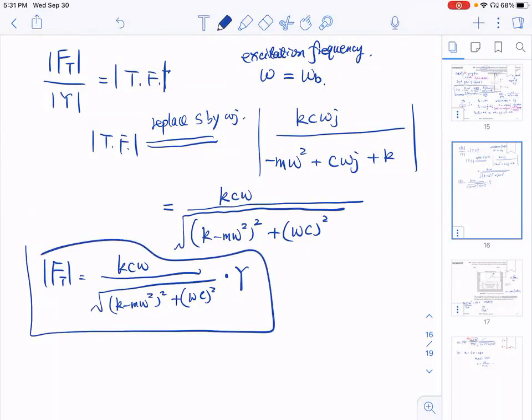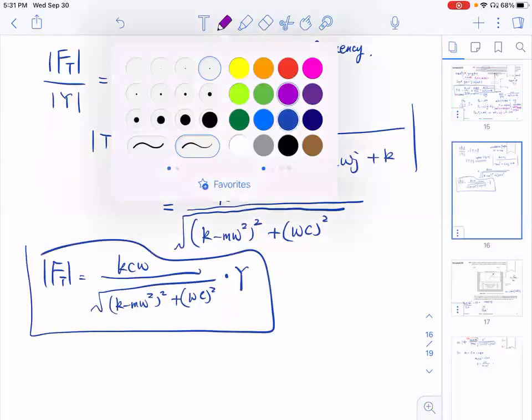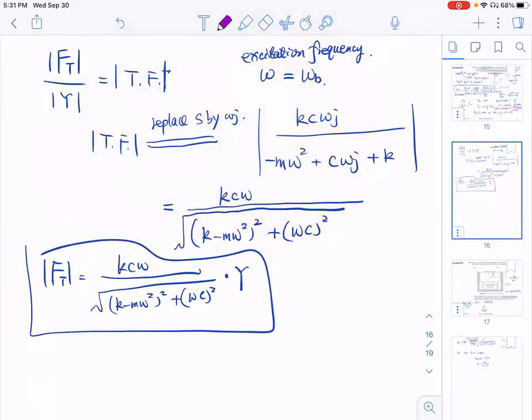That's how much force is going to be transmitted to the base. I can also ask you, what is the phase lag of Ft?